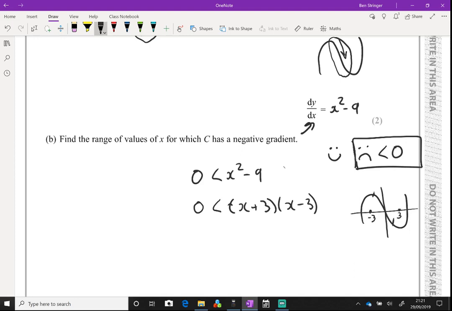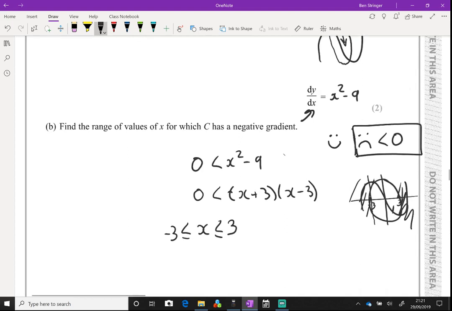We want everything in between, so we want x greater than negative 3 here to get that little slice. We want x less than 3 here. So we want x greater than negative 3 but less than 3 to get this portion where it's negative gradient.